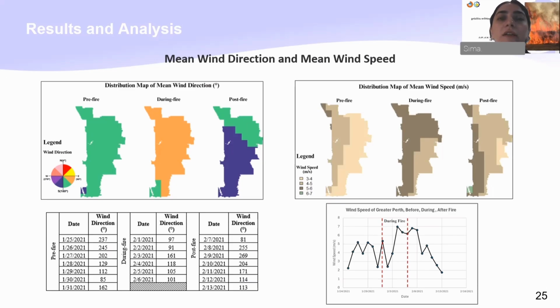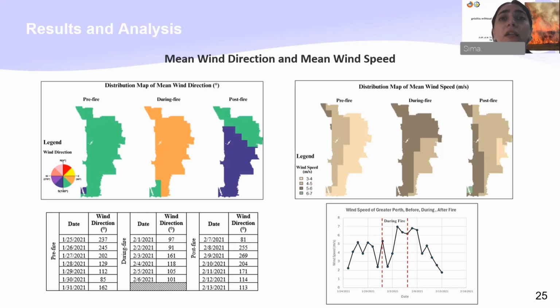During the fire, easterly winds transported nitrogen dioxide towards the west, significantly increasing concentration in the northeastern part of the study area. Elevated wind speeds during the fire facilitated the spread of the fire and dispersion of nitrogen dioxide, while high post-fire wind speeds aided in the reduction of nitrogen dioxide levels as the fire was contained.